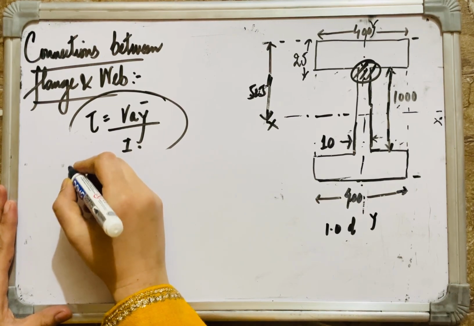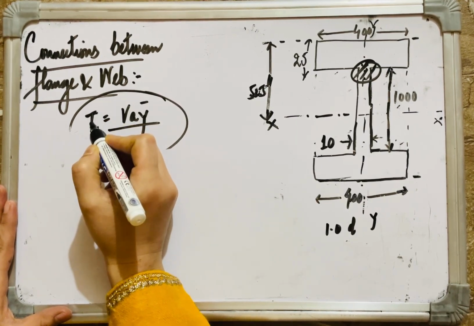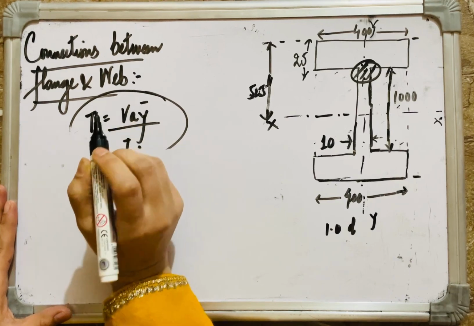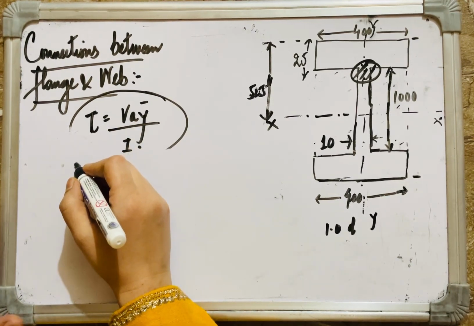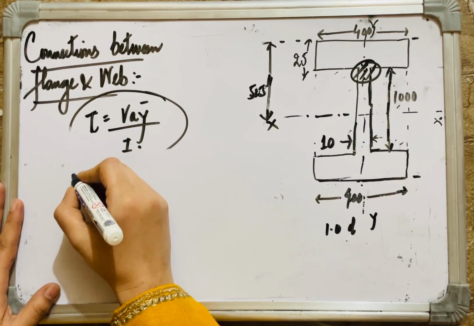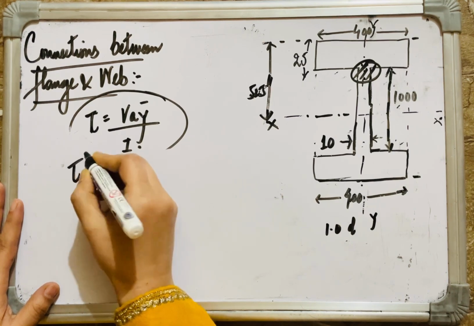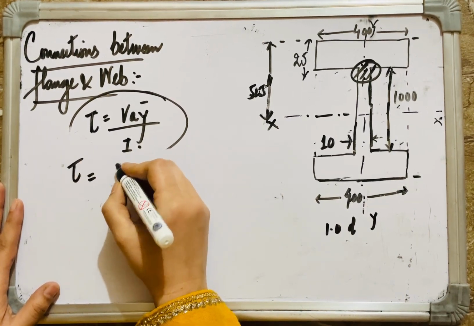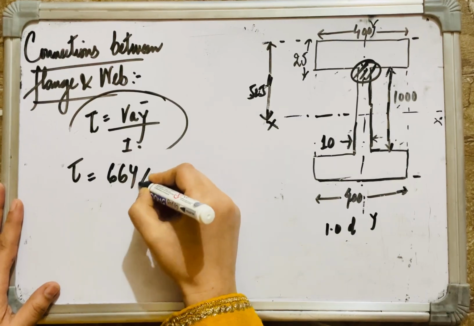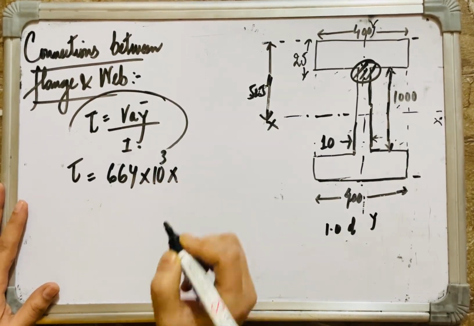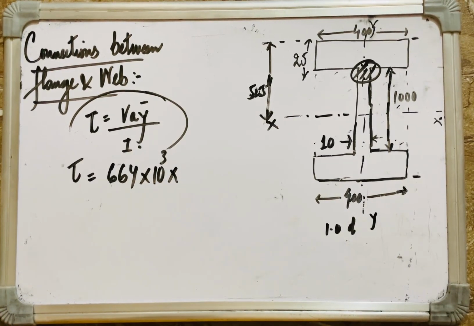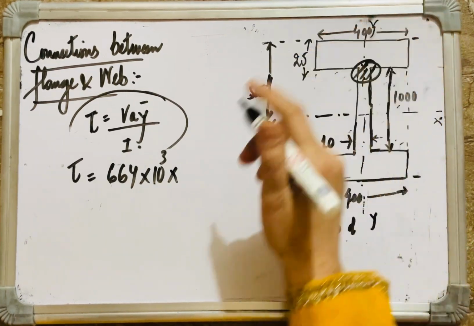So this is tau, however you may like to write it. So let me write it as this. And how much is my design shear force? 664 kilonewton into 10 raised power 3. How much is the area of the flange? 400 into 25.